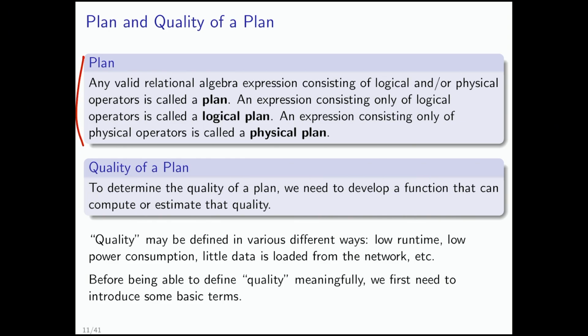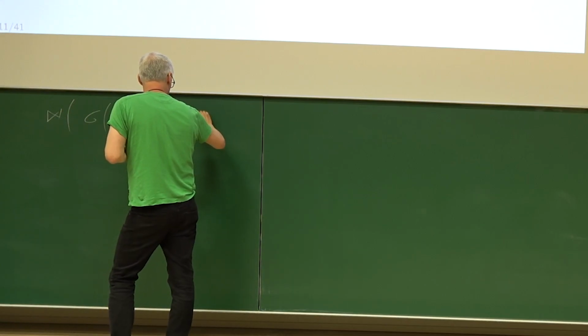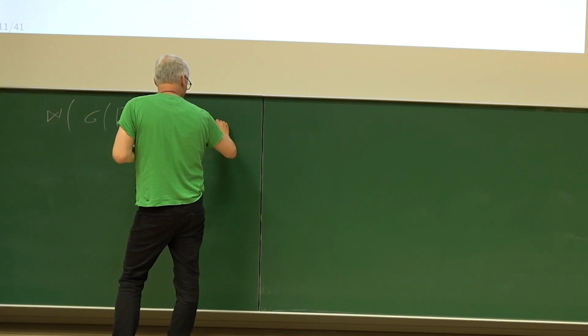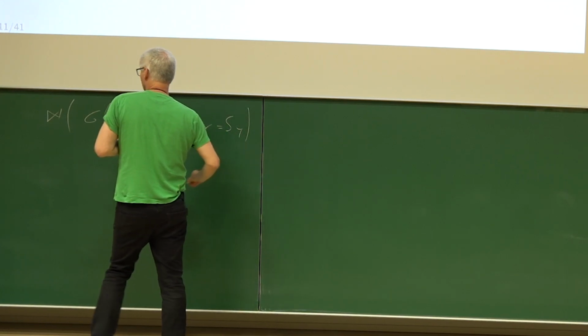Like in the notebook, it's not just a sigma on whatever R, and then a join with S on a join predicate, whatever R.X equals S.Y or something like that.